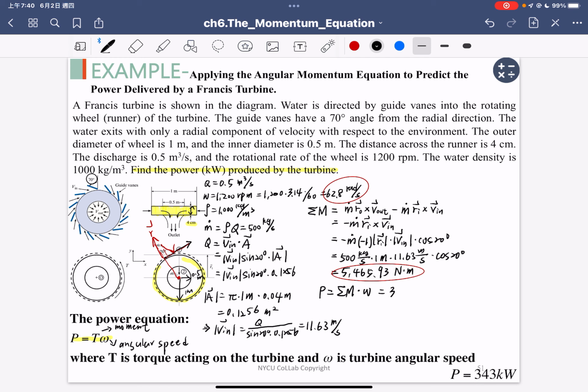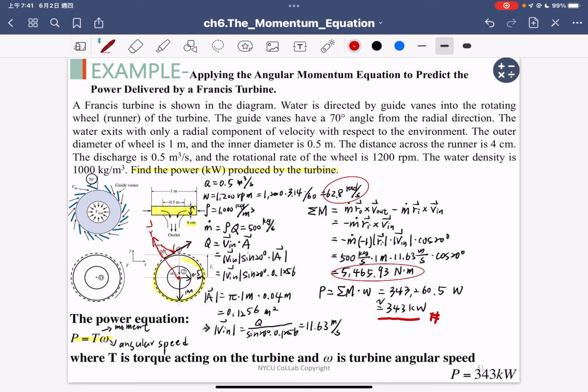The answer is 34360.5. Okay, the unit is the watt. And so that will equal to 343 kW contributed by this Francis turbine.